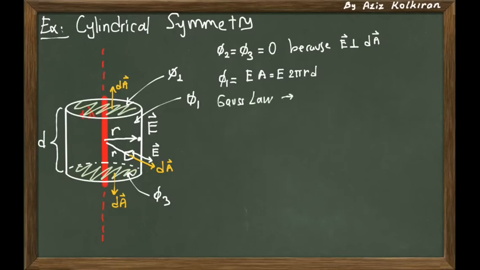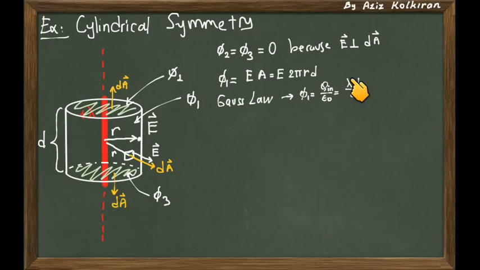Next, we will apply Gauss's law, since we already determined what the flux is, and Gauss's law says this flux must be equal to the charge inside divided by epsilon 0. So the next question is, what is the charge located inside this Gaussian pillbox? The total charge inside will be calculated by multiplying the charge density with the length of the line charge which is located just inside this Gaussian pillbox. So it's again easy.